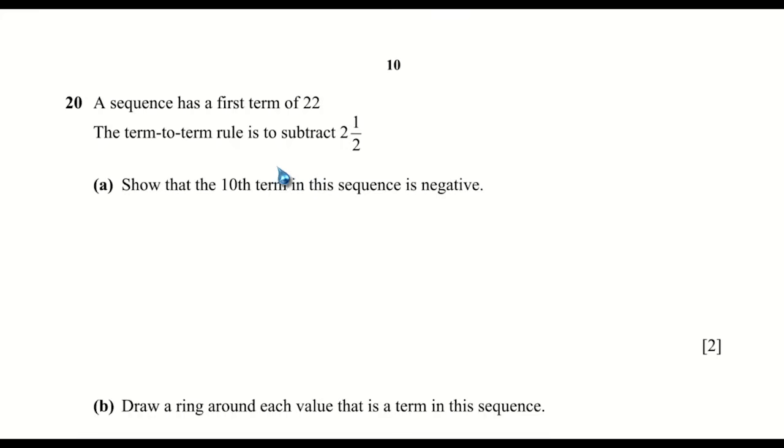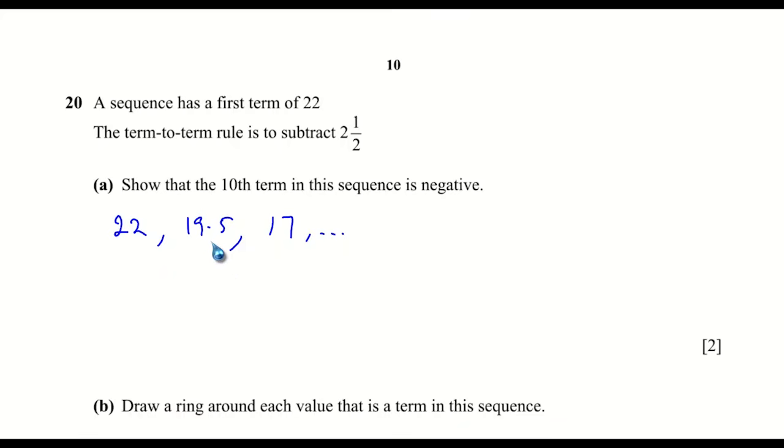Sorry, so we need to get the terms first. The first one will be 22, and the term to term rule is to subtract 2.5. So if you subtract 2.5, the next one will be 19.5. Subtract 2.5, you get 17, and so on and so forth here, right?